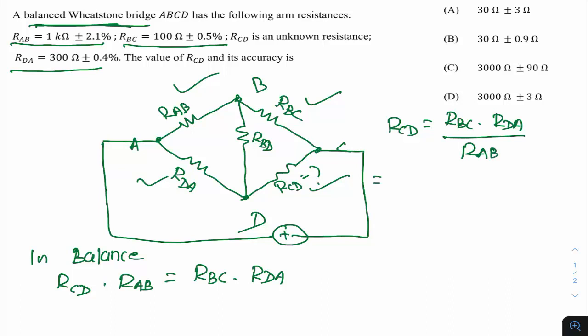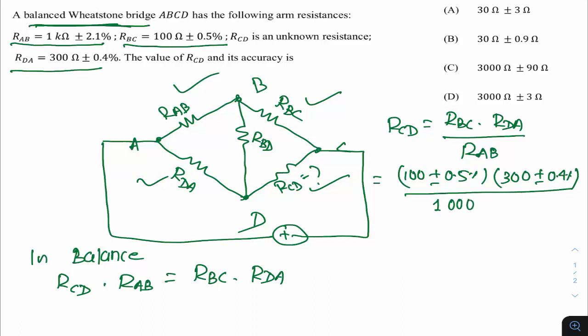So if I substitute, RBC is 100 plus or minus 0.5%, RDA is 300 plus or minus 0.4%, and RAB is 1 kilo ohm, which is 1000 ohms plus or minus 2%. Note carefully the units: this is ohms, this is also ohms, but this is in kilo ohms, so that's why I'm writing thousands.